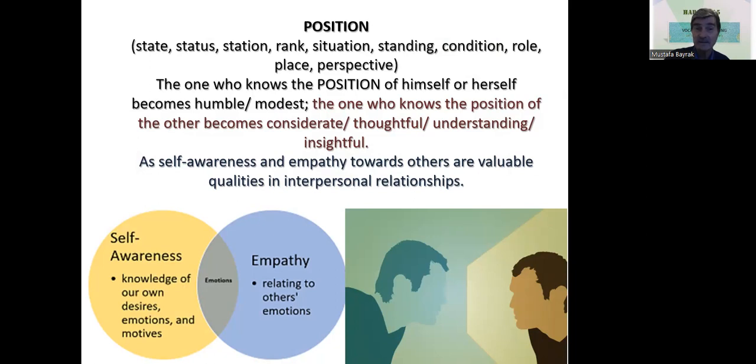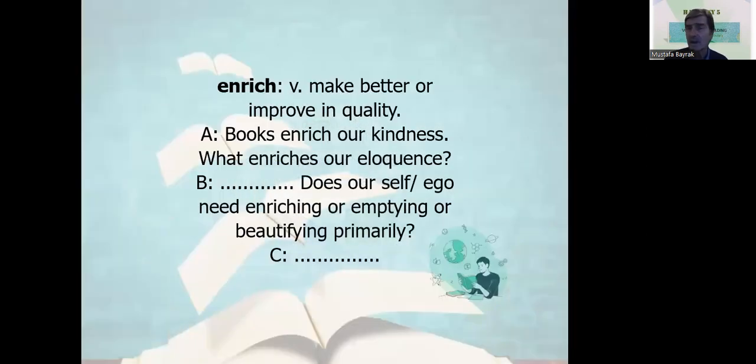Self-awareness is connected with knowledge of our own desires, emotions, and motives, but empathy is connected with relating to others' emotions, attitudes, and perspectives.